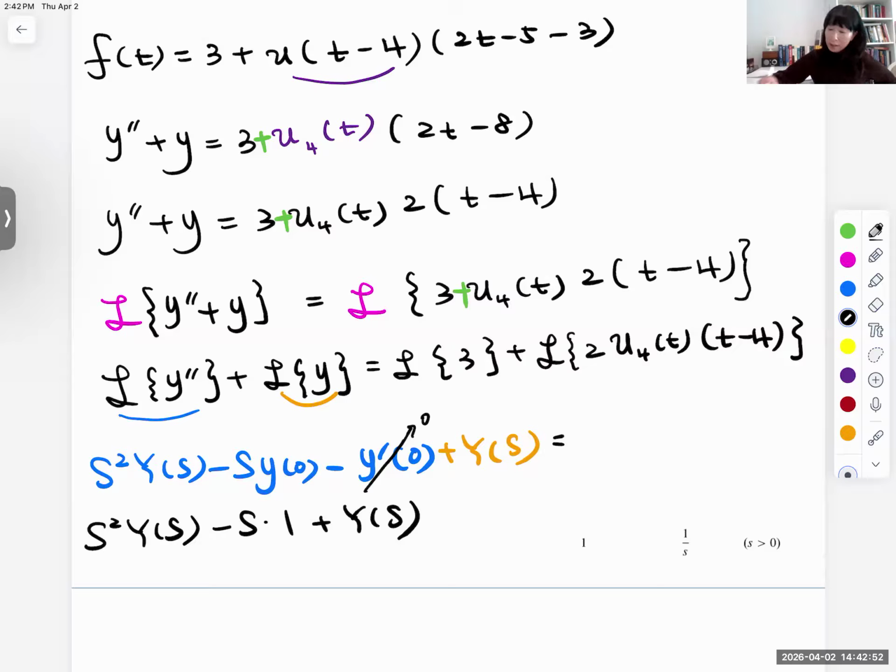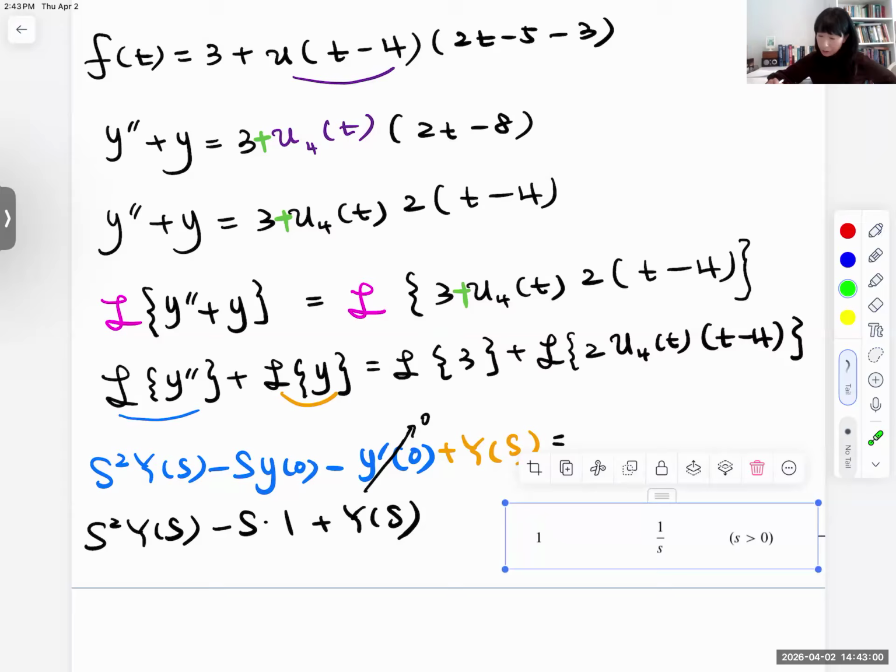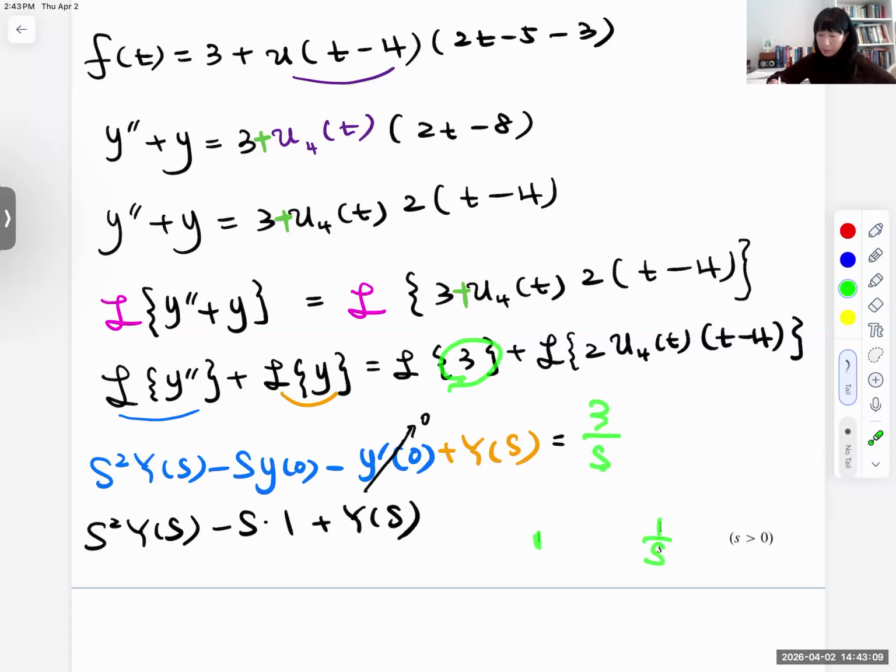Right side, Laplace of 3. I brought the Laplace transform form here. If we have 1, then we have 1 over s. So if we have a 3, that will be 3 over s. Make sense? So we have that 3 over s.